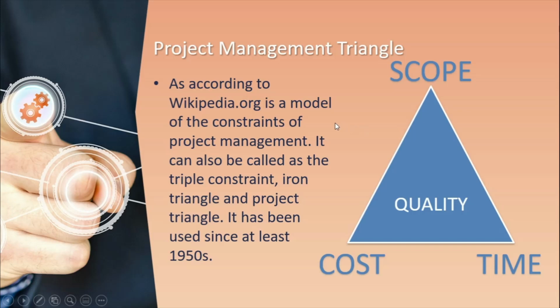Now, if we go through the definition of the project management triangle, according to Wikipedia, it is a model of the constraints of project management, and it is also called the triple constraint, iron triangle, and project triangle, and has been used since the 1950s.